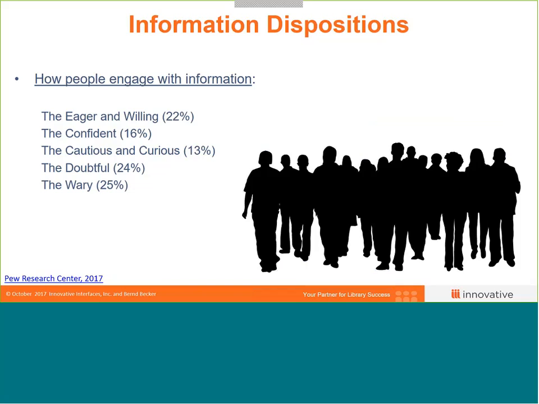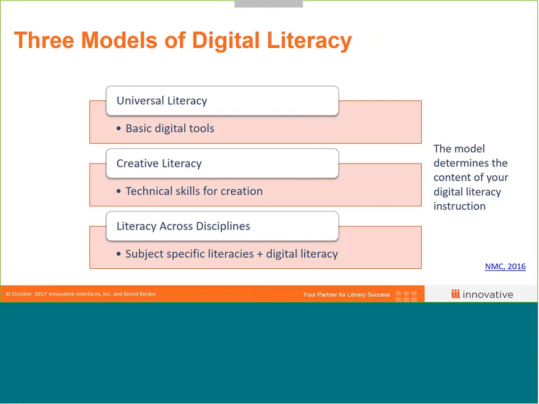The important thing to remember here is that no matter what disposition we consider ourselves now, we've all been a member of one of these groups at one time. Improving digital literacy is not a one-size-fits-all skill set. We have to adapt our approach to working with groups to meet their levels of digital literacy needs.